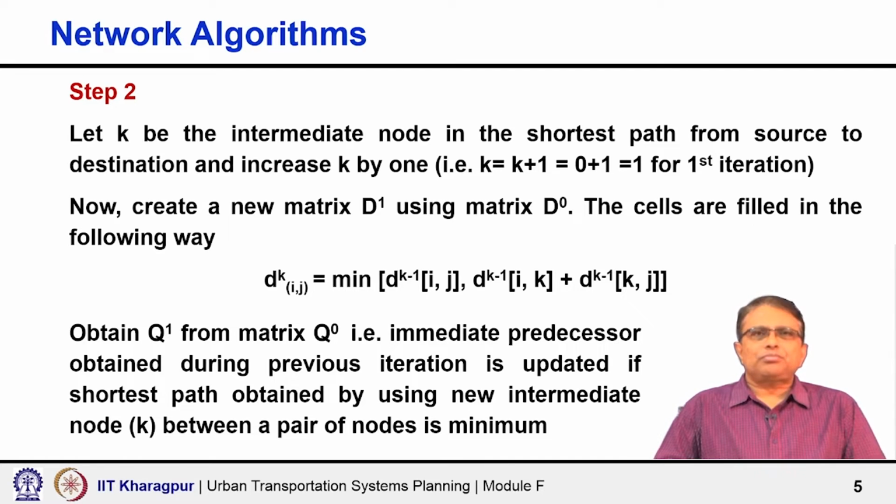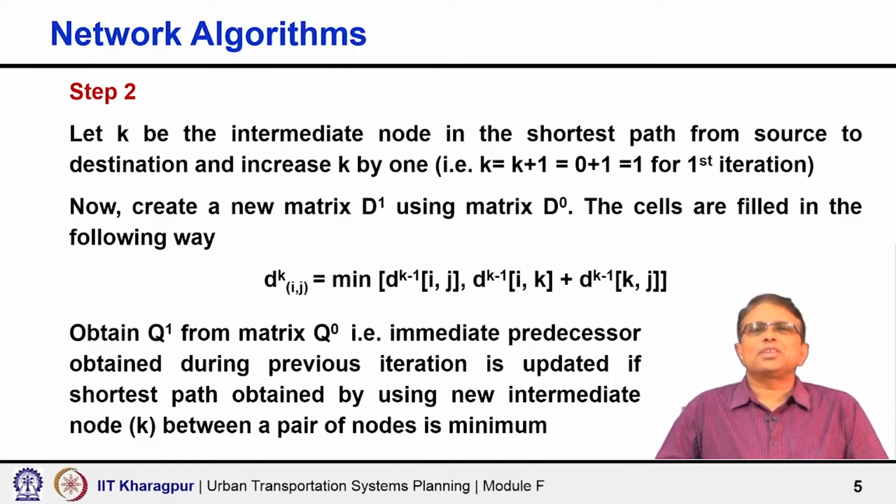Now, let k be the intermediate node in the shortest path from source to destination, and now we shall increase k by 1. k was initially assigned 0, along with Q0 and D0. I could have mentioned that in step 1, but I mentioned it at the beginning of step 2, and now we are going for iteration.